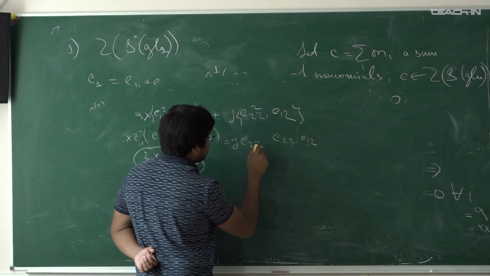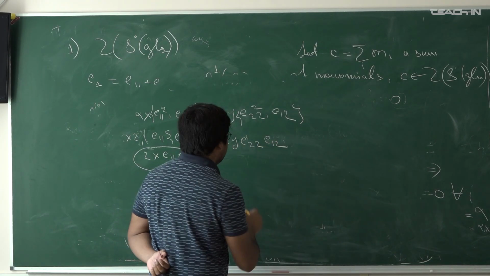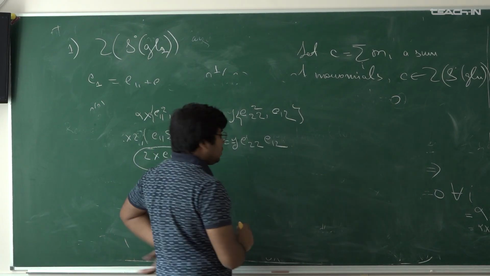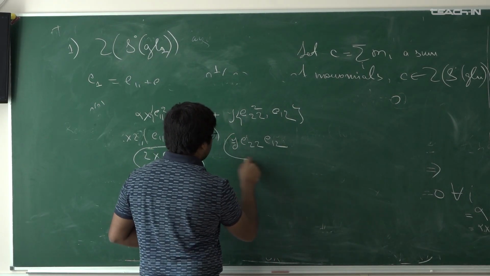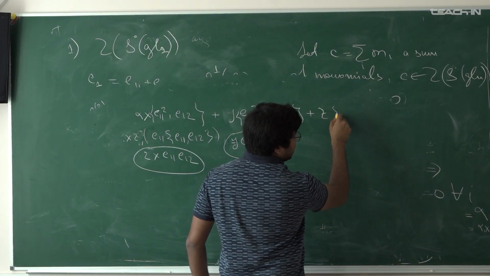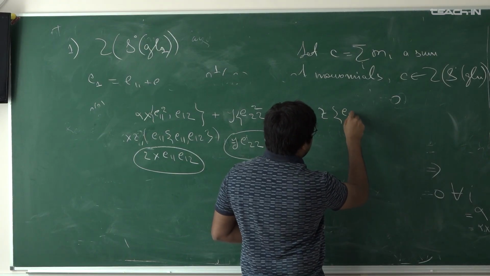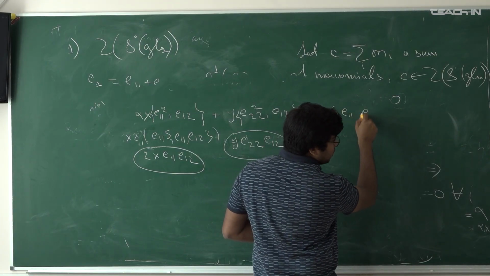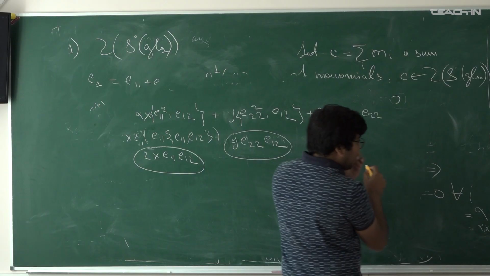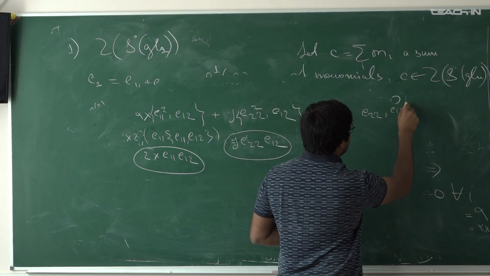Y into 2, E12, and minus. Plus Z E11, E12, E22 with E12.